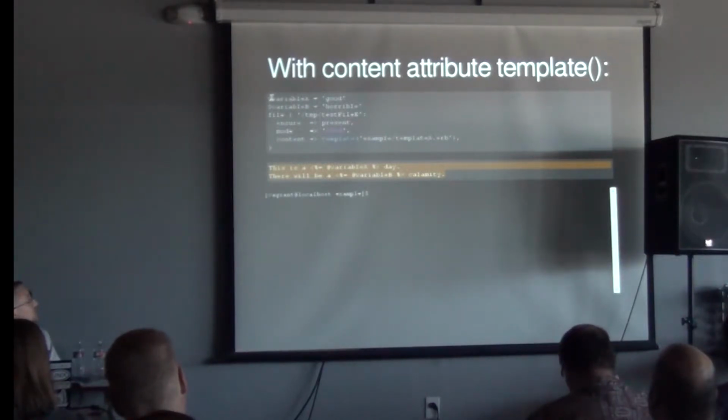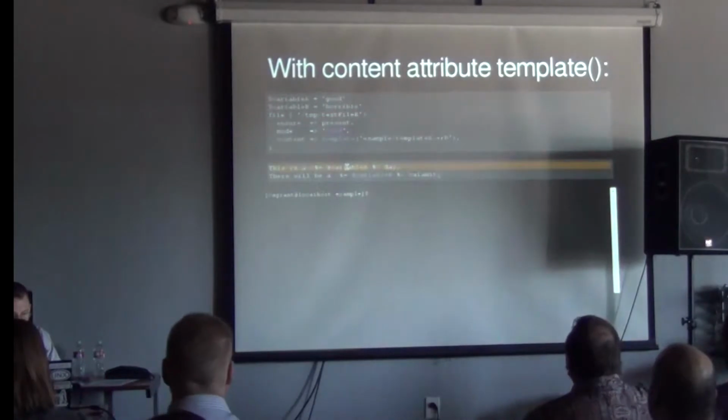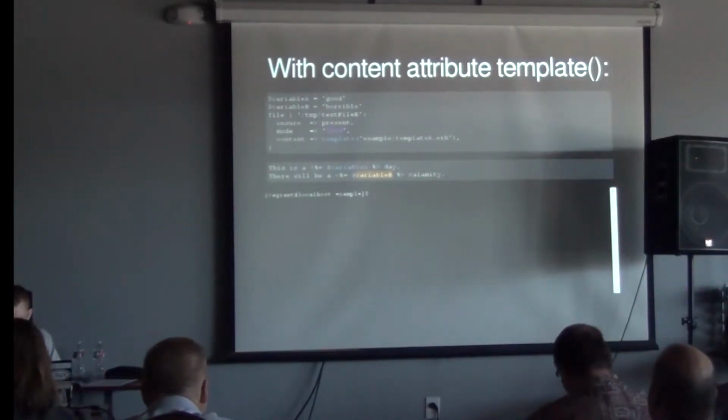First off, we're going to set variable A to good and variable B to horrible. They're going to get substituted inside this template in the various spots, and we'll see that happen just as soon as I get the apply run going.